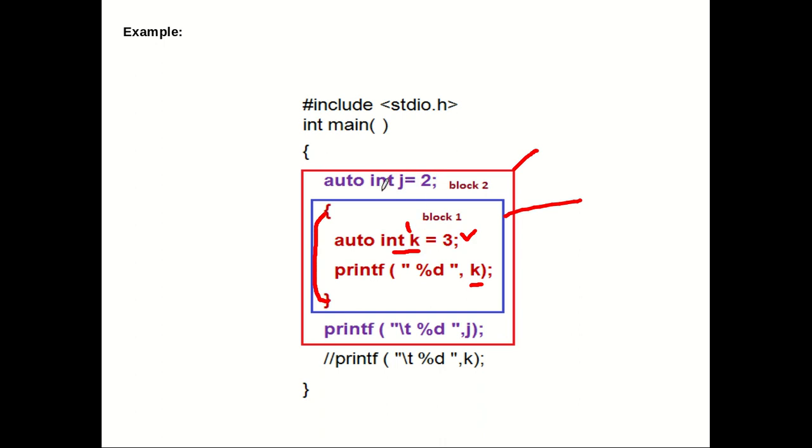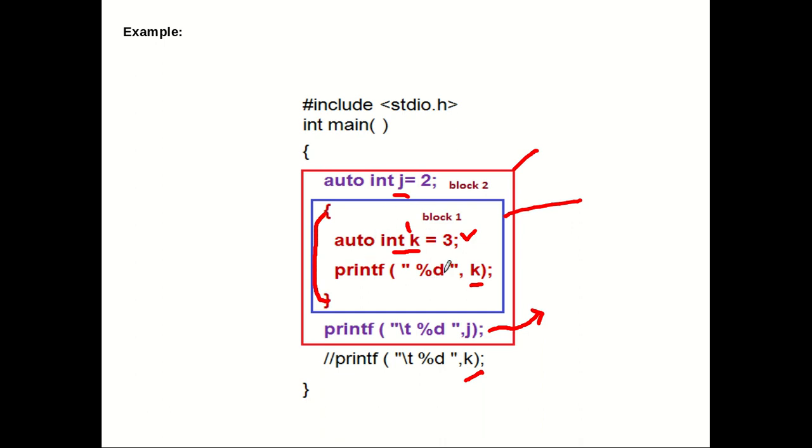Let us take another variable, j. j is outside this block, meaning the scope of j is within its own block, so we are accessing the value of j within its scope only. One more statement we have written is printf, where I am accessing the value of k. See, k is not available because the scope of k is within its block.